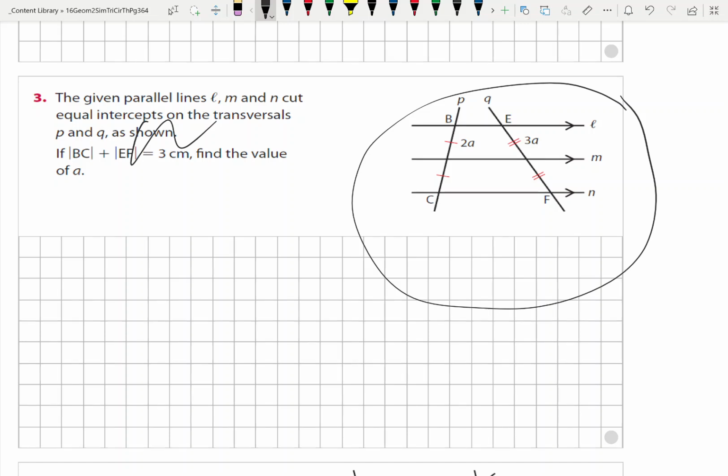Oh, I don't know what they're going to ask me. We will have to read it after all. Find the value of A. Yeah, but look, if BC plus EF equals 3. If BC, what on earth? If this length plus this length equals 3. Hey, this is difficult.